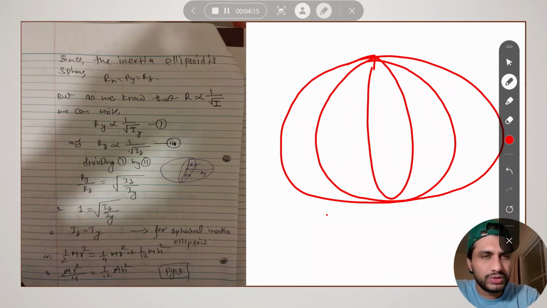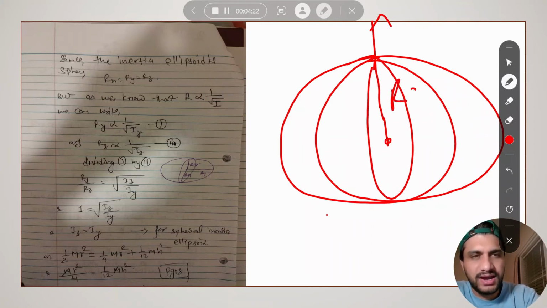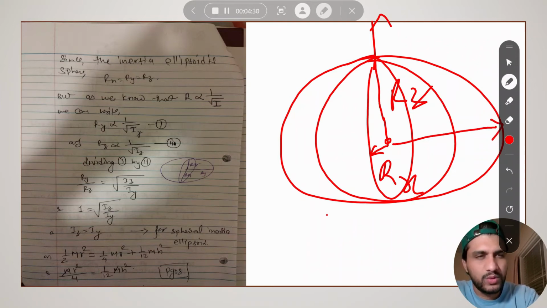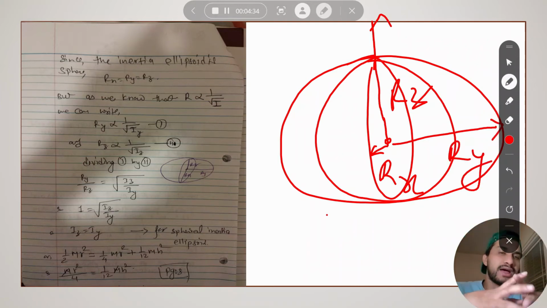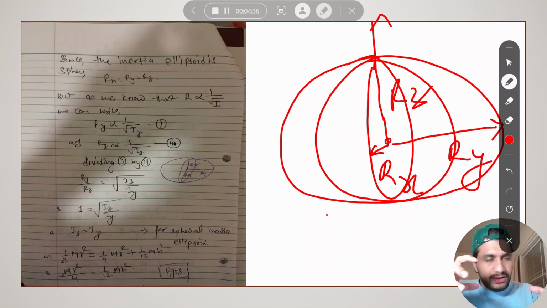If you take along the z-axis, let us say this is our z, along the x-axis this is our x, and along the y-axis it is our y. These three are the radii of the inertia ellipsoid along three different axes.